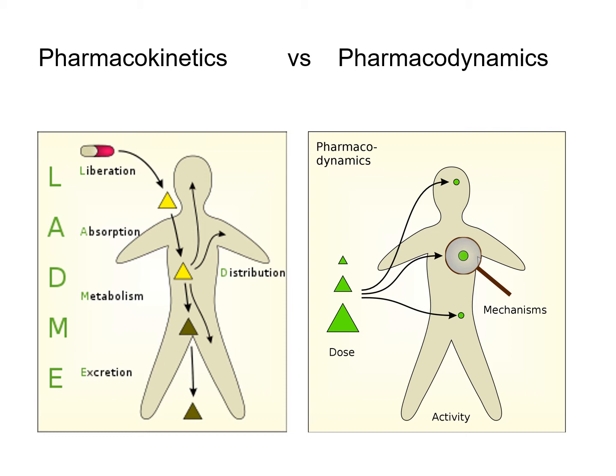While pharmacokinetics describes the actions of what the body does to a drug, such as the influence on how the drug is liberated within the body, how it's absorbed, distributed, and processed through the metabolism to be finally excreted, pharmacodynamics studies what a drug does to the body. And we will see in the next slides the different effects of drugs on receptors and what are the differences between different types of drugs depending on what effects they exert.